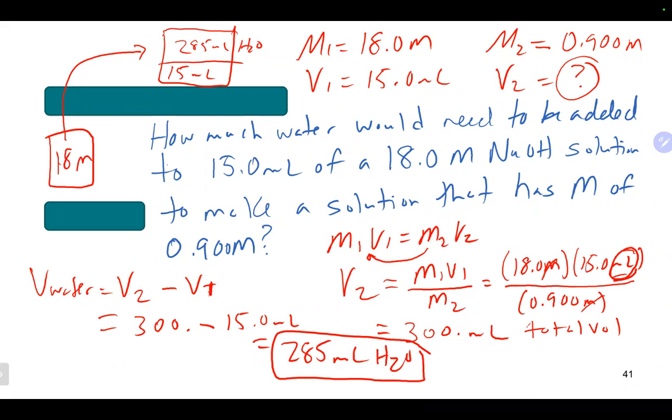Or if it asks what the final volume would be, that would be it. Or if it asks what your initial volume is, or how much of the more concentrated one you would use, that would be one step. So it's really only in a dilution problem where they ask how much water you should add that you have to take that extra step and subtract the difference. Other questions?